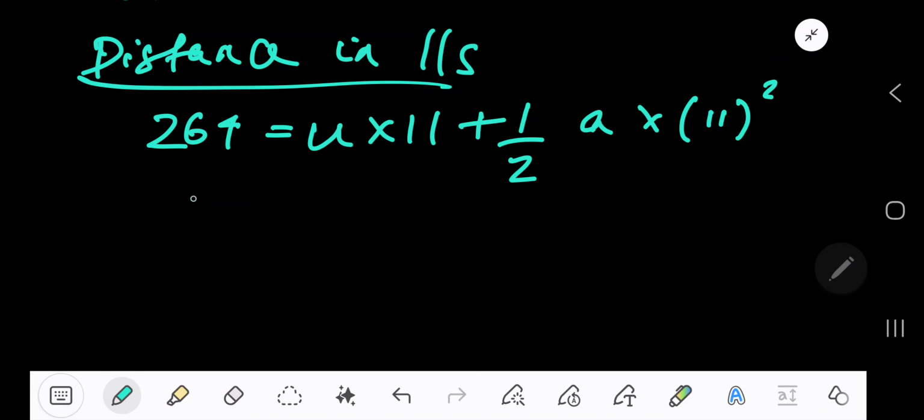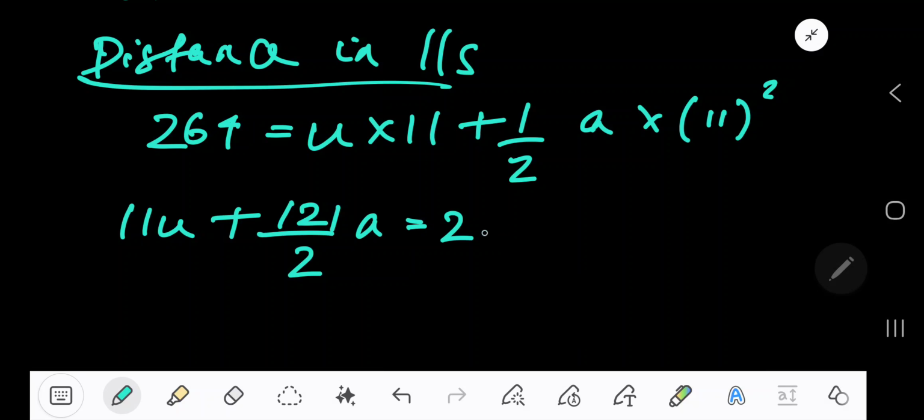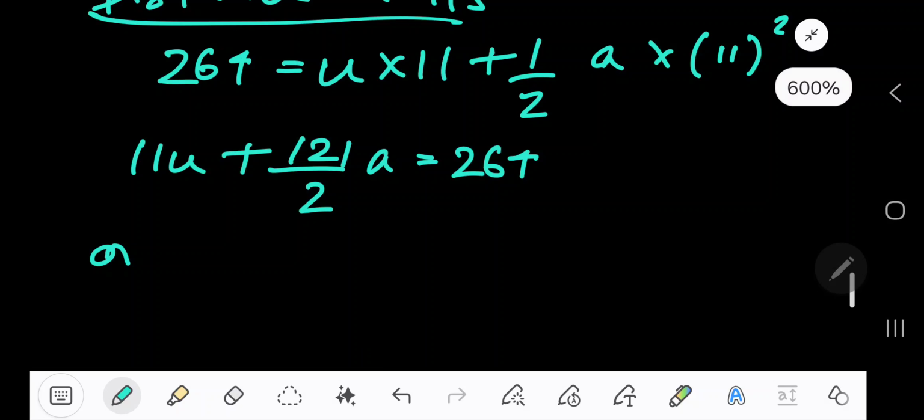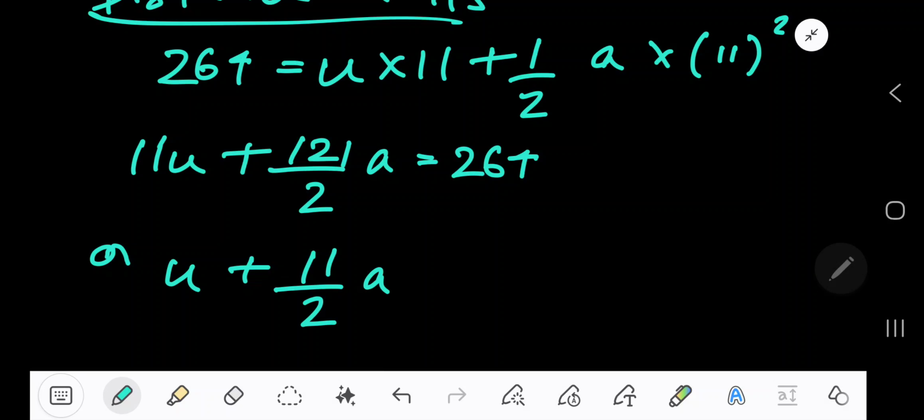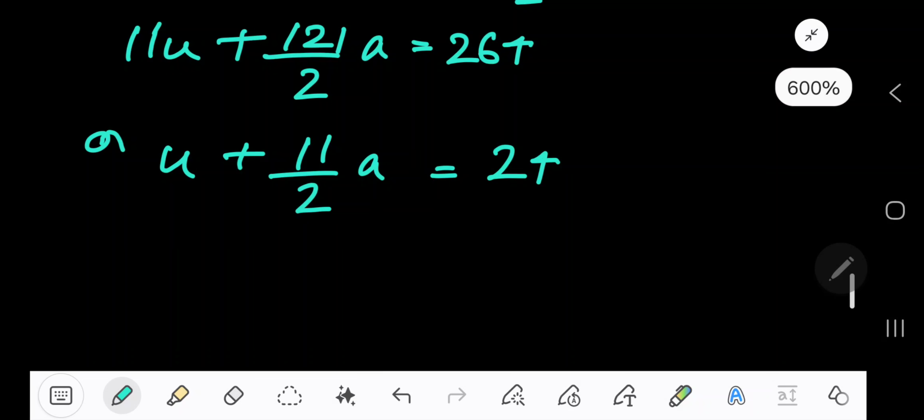On solving this we'll get 11u plus 121 over 2a equals 264. And let me simplify this. u plus 11 over 2a equals 24, which is what you get when you simplify.